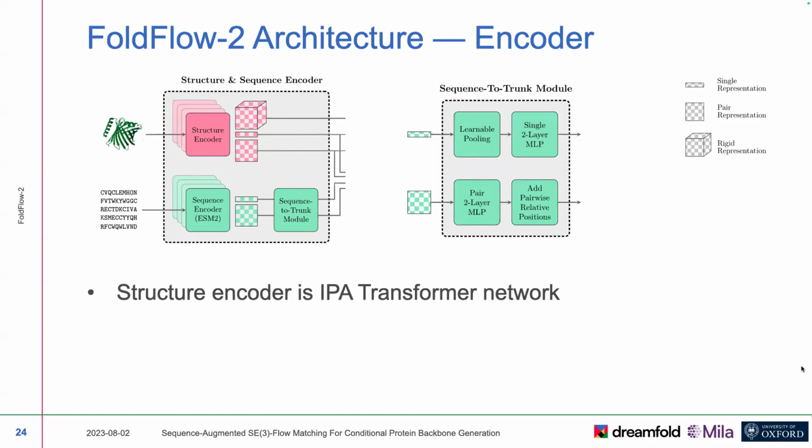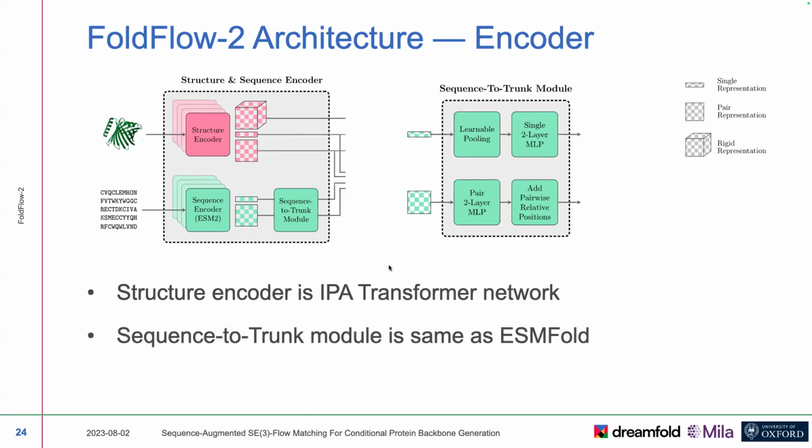It's a fairly well-studied and well-tested architecture for representing protein rigids. The encoder for sequence, as you can see, is an ESM2 model. I think we use the 650 million parameter variant. And that takes the sequence and produces some single and pair representations.